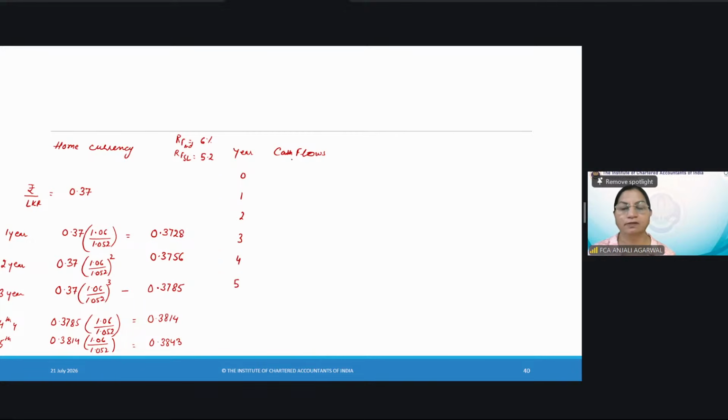Cash flows in LKR, Sri Lankan currency, 25 billion, 5, 6, 7, 8, 9. Cash flow in Indian currency.